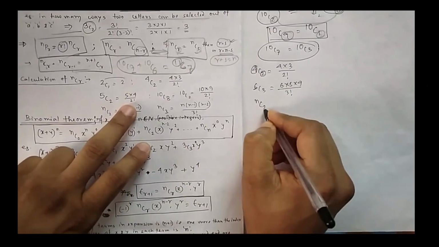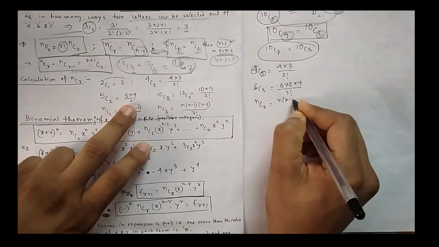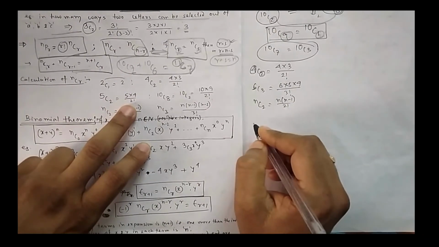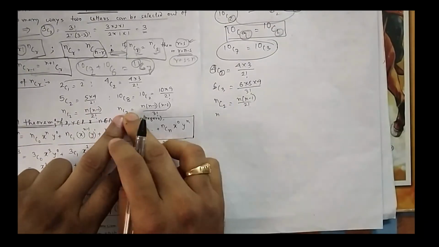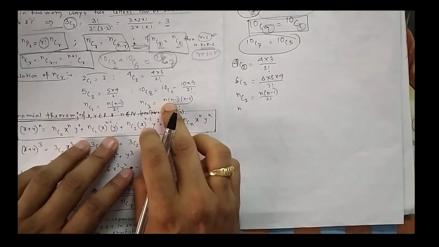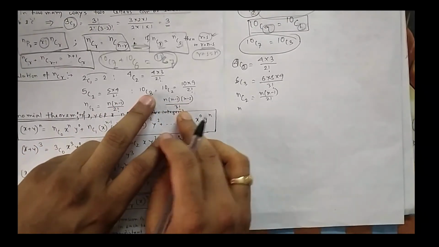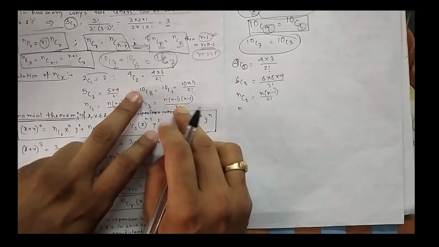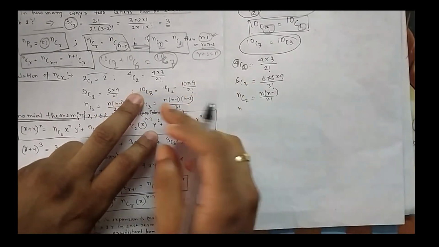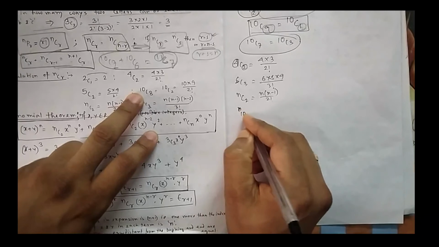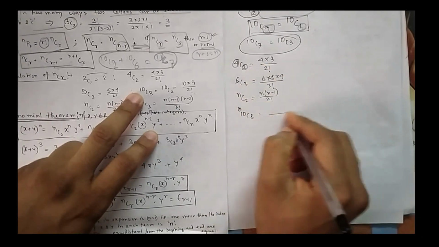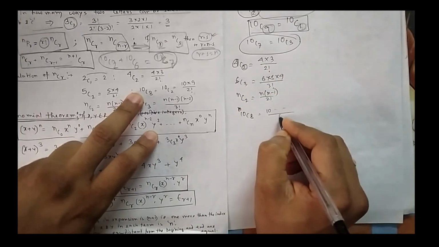In general, if it is nC2, we write 2 numbers, n into n minus 1, by 2 factorial, and your job is done. If I do nC3, you write 3 numbers: n, n minus 1, n minus 2, divided by 3 factorial. Now one beauty is 10C8: you will write 8 numbers starting from 10, then divide by 8 factorial.